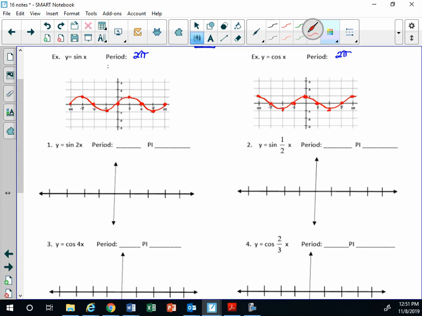We have a spot to write the period, and then you can cross out this primary interval part. We're not actually filling that in on any of those. Okay, so this one says sine of 2x. So what is the b value? 2. Do you guys see the coefficient on x there? That is b. So to find the period, we do 2 pi divided by b, which is 2 pi over 2. So what does that equal? Pi.